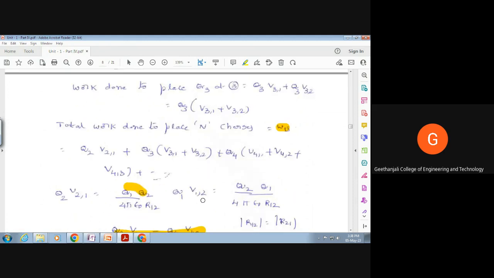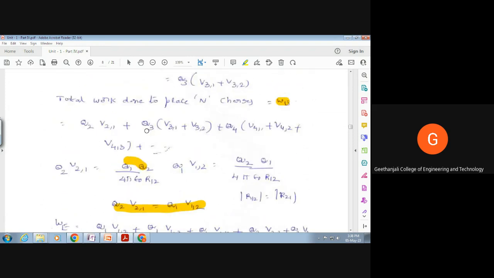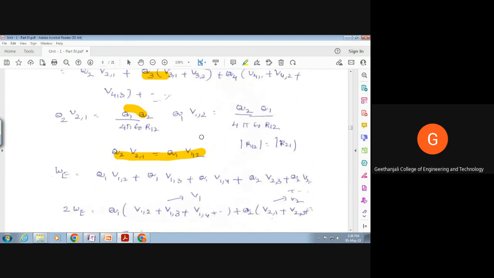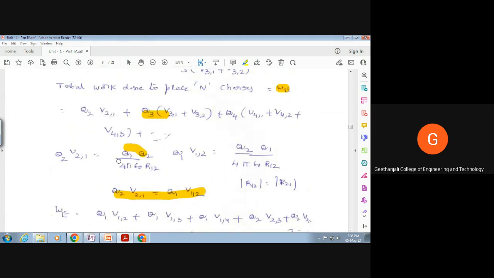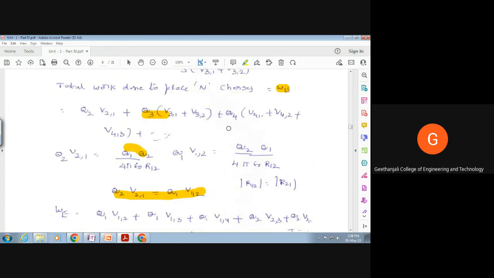Like that, Q3 into V31 is equal to Q1 into V13. Q3 into V32 is equal to Q2 into V23. So, when we rewrite, the expression for WE can also be written as Q1 into V12 plus Q1 into V13 plus Q2 into V23, like that.